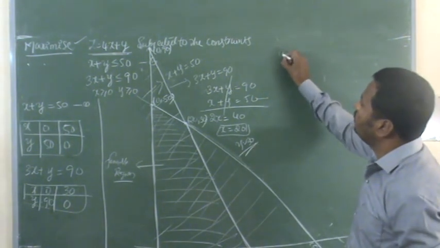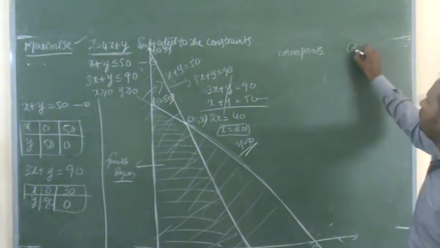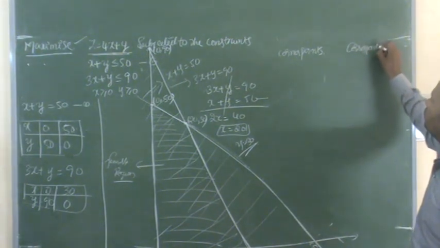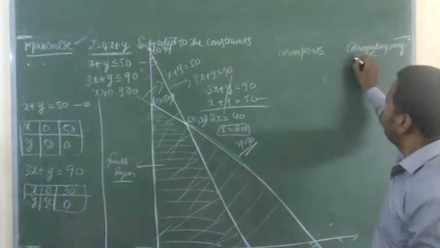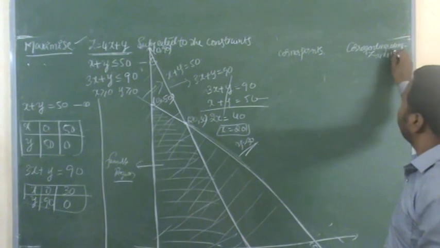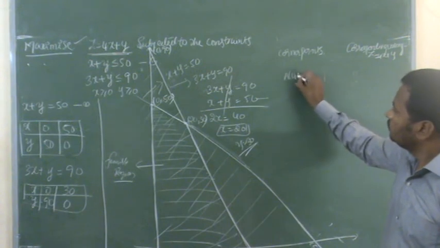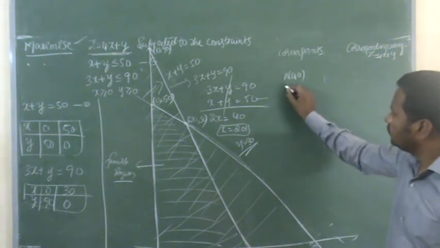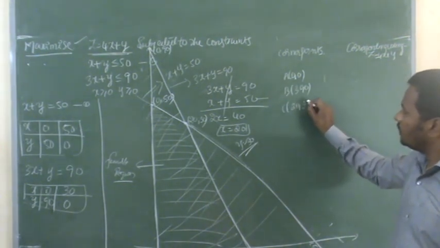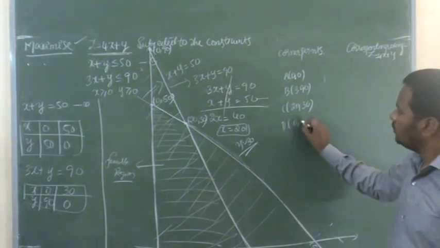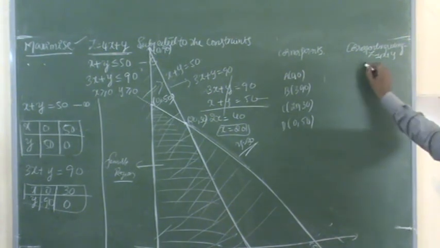Now the corner points and corresponding values of z equals 4x plus y. The corner points are A equals 0, 0; B equals 30, 0; C equals 20, 30; and D equals 0, 50. For 0, 0, z is 0.